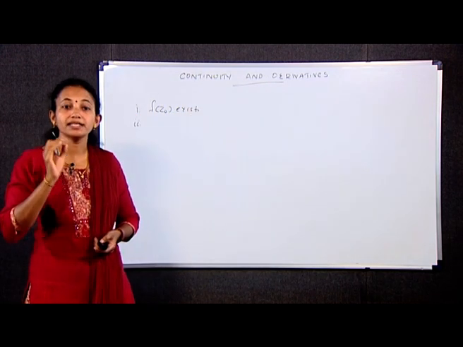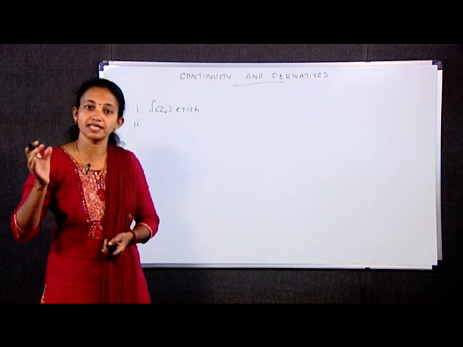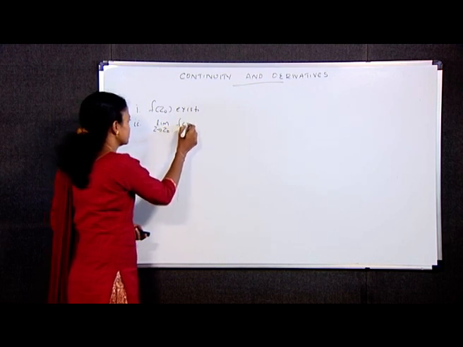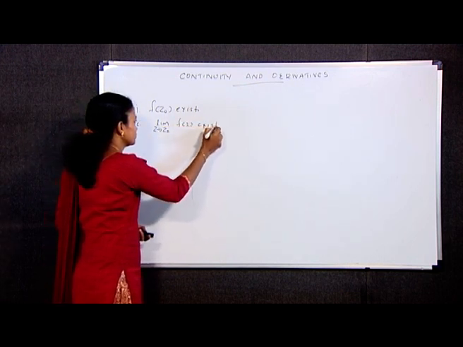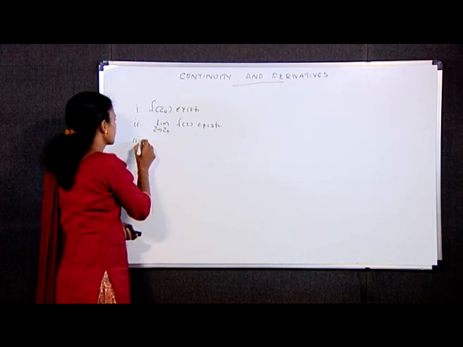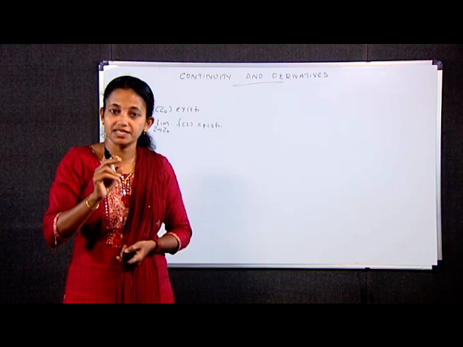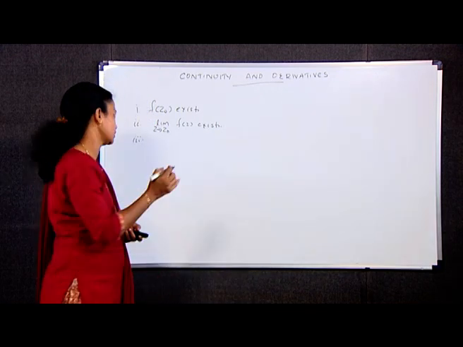Second, limit z tending to z0 of f(z) exists. Third, limit z tending to z0 of f(z) is equal to f(z0).